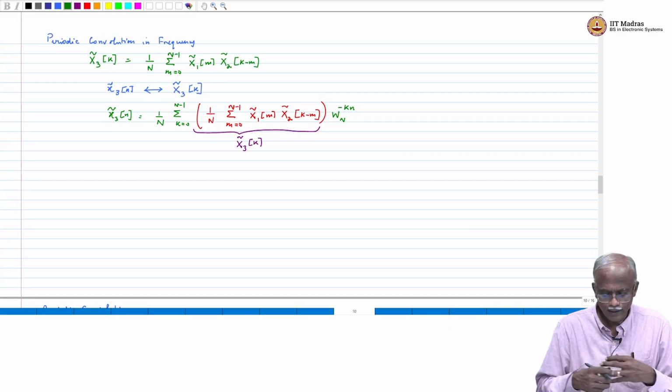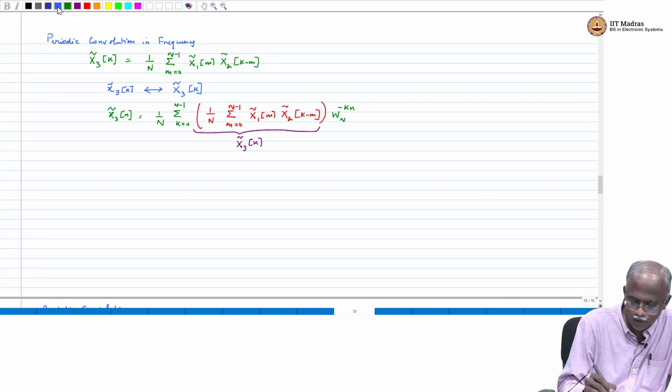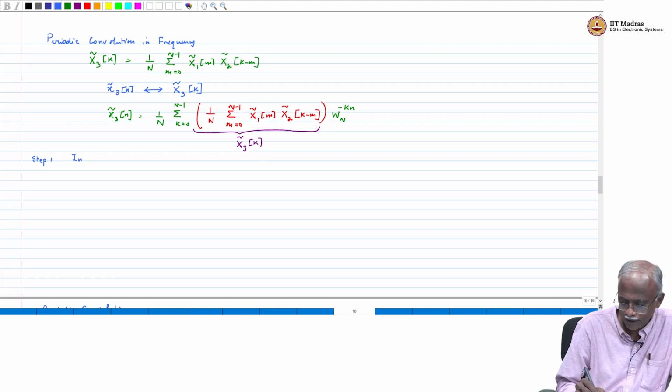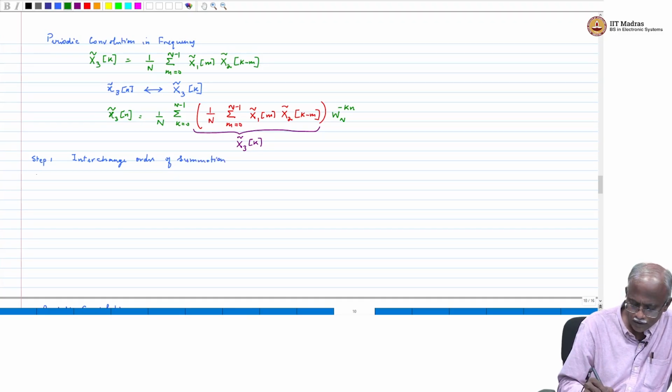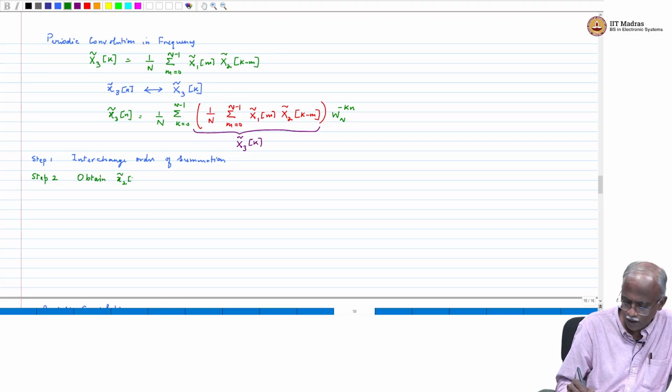Do the same thing, interchange order of summation. So step 1, interchange order of summation. You will obtain step 2, a term containing x2 tilde of n, and then step 3, obtain x1 tilde of n.